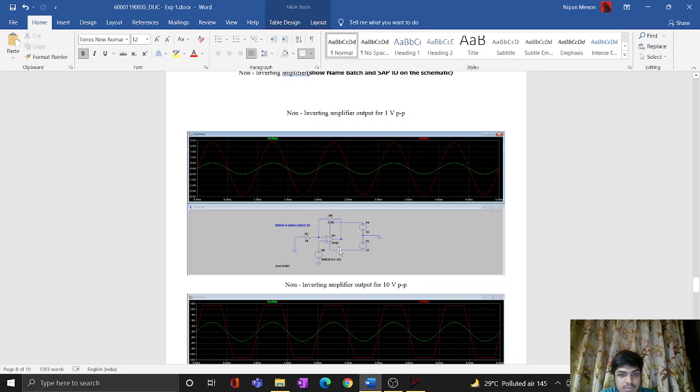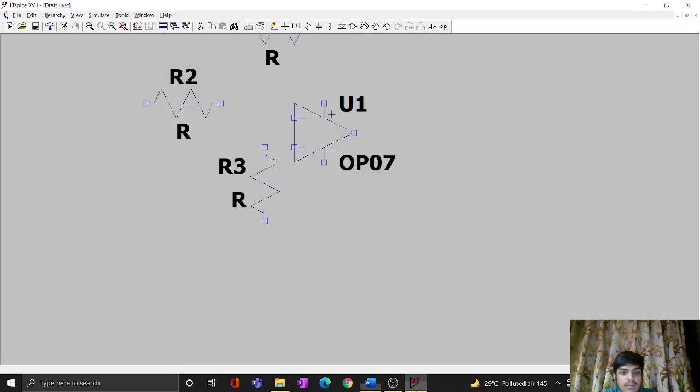Now in this, we'll not be using a resistance for the non-inverting side. We'll just connect the inverting side with the resistances.